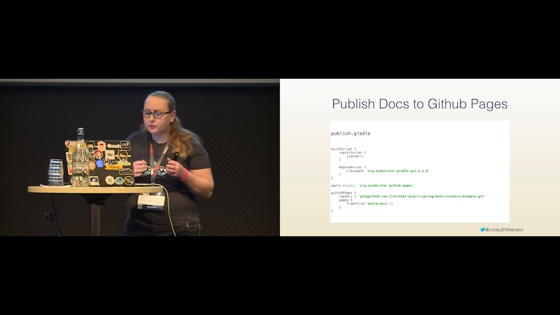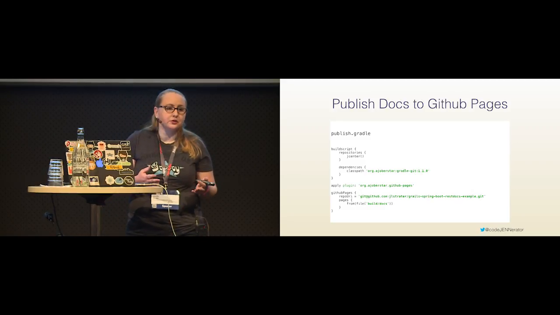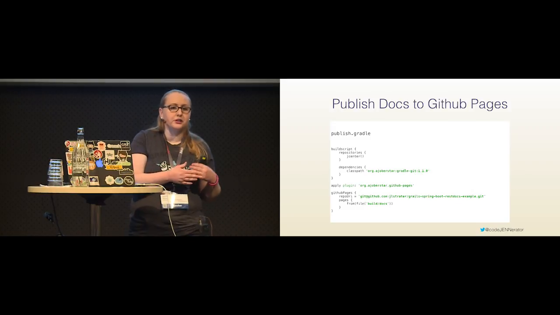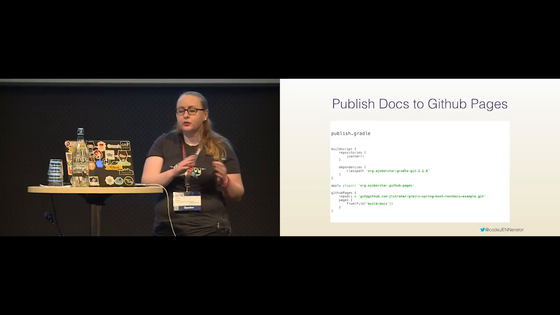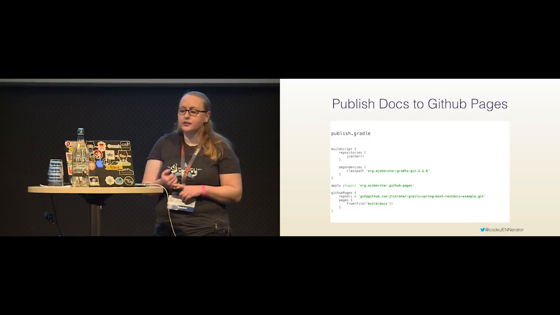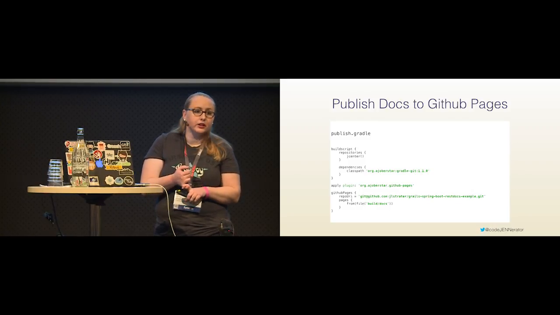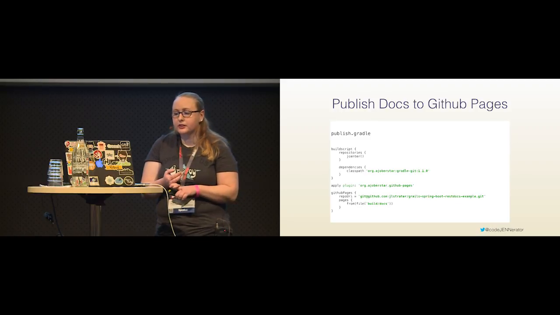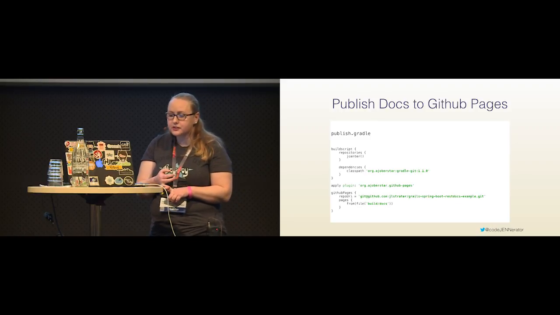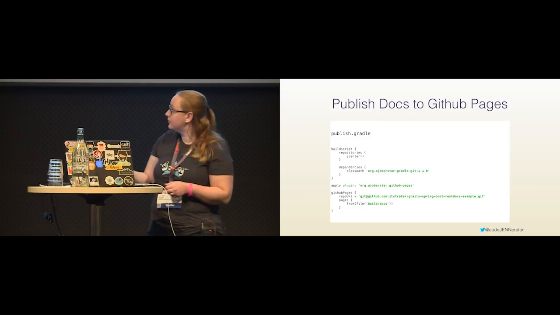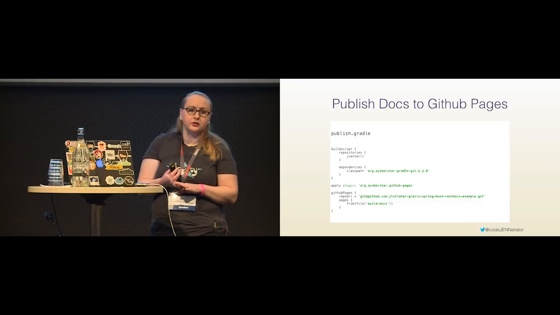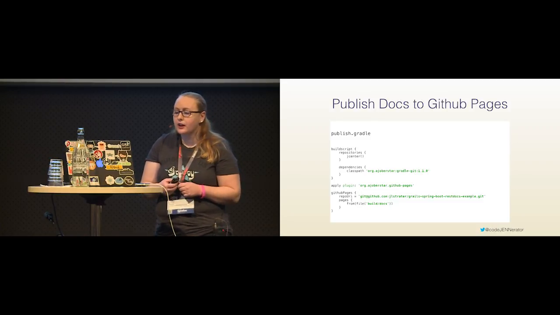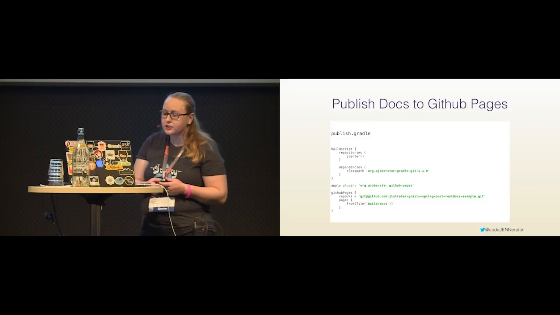The other option, in cases where maybe you don't want to publish these documents with the project itself, is that you can publish them anywhere else. In this case, I'm using GitHub Pages, and there's a really nice Gradle plugin to do that. It really just takes the repository, and then by default, these docs are going to go into build/docs based on my configuration.